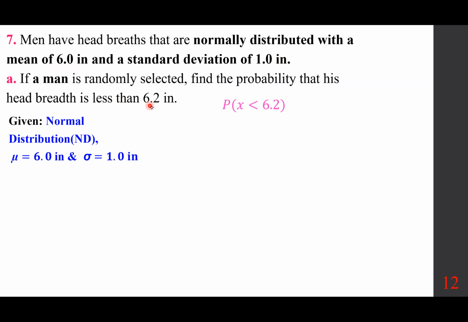So now we can go to Z and use Z equals X minus mu over sigma, where X is 6.2. And of course, mu and sigma are given here. So Z equals X 6.2 minus mu 6 over sigma 1, and we get 0.2. So here's a normal distribution, probability of Z less than 0.2.